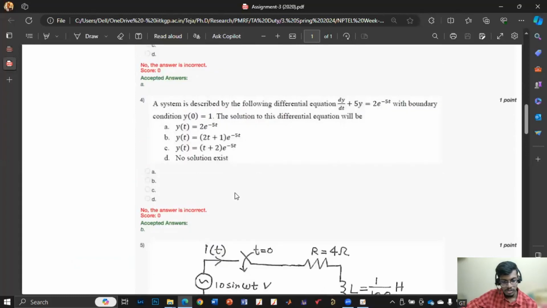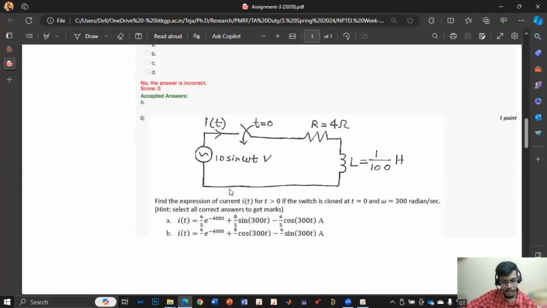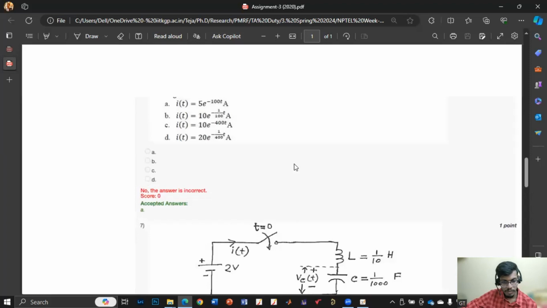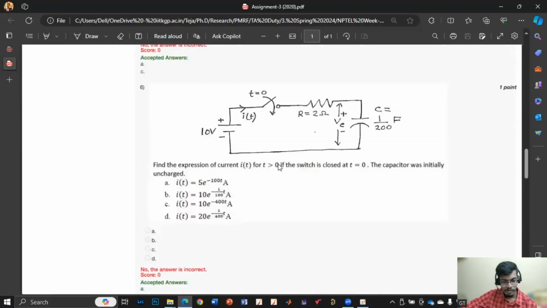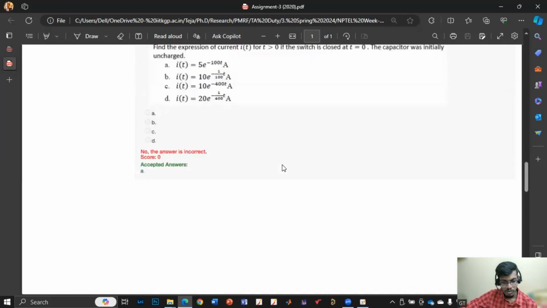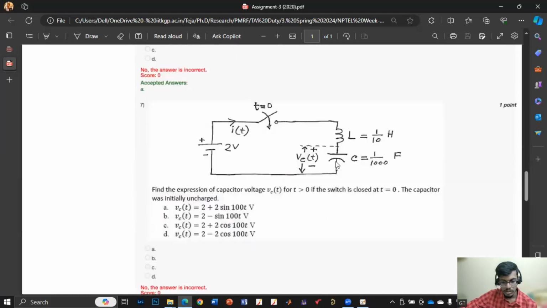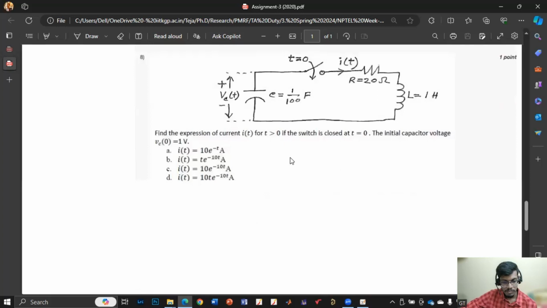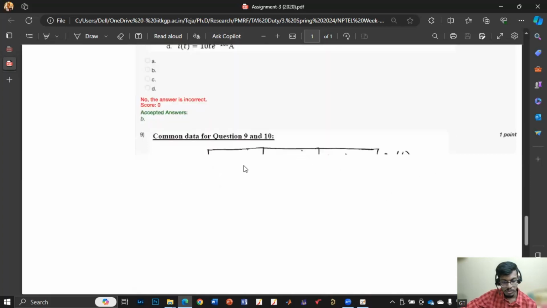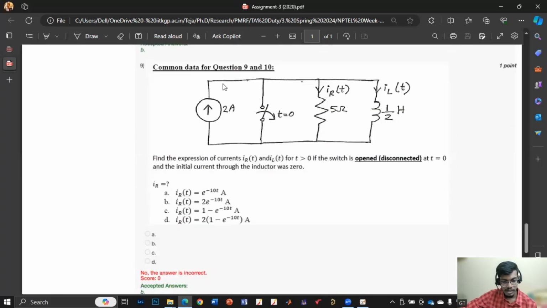So yeah, this is sine omega t. We'll solve this problem also. Maybe we'll solve some simple problem, then you'll understand how to solve. This is also okay, the seventh problem. Mainly you'll be getting these types of equations where previously in assignments 1 and 2 you have solved for steady state.